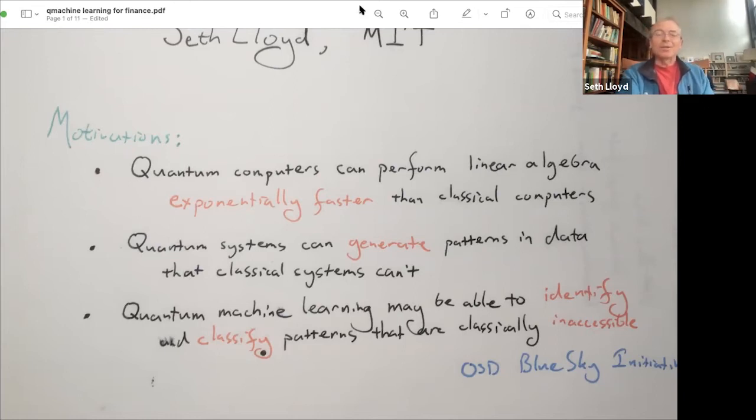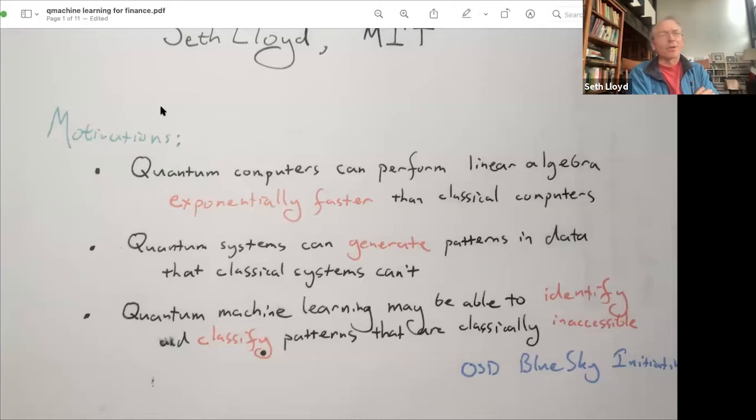Oh, and I see a question in the Q&A, and this is very exciting. Do present NISQ devices be useful for quantum machine learning? Yeah, that's a very good question. Again, as I said, it's not clear. We don't know if quantum machine learning will work well on NISQ devices.